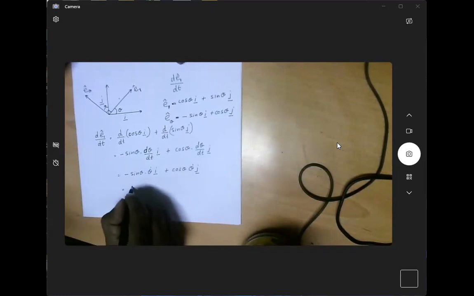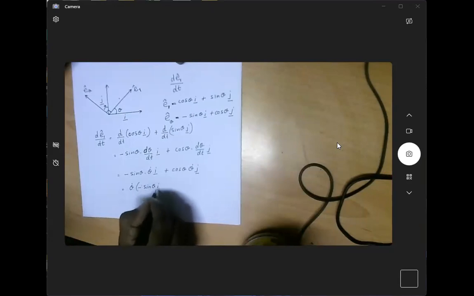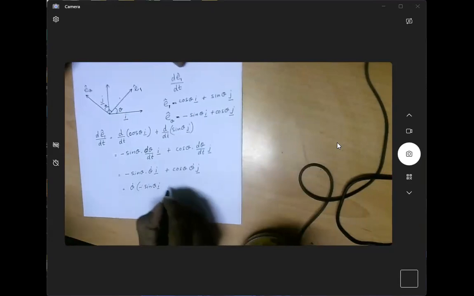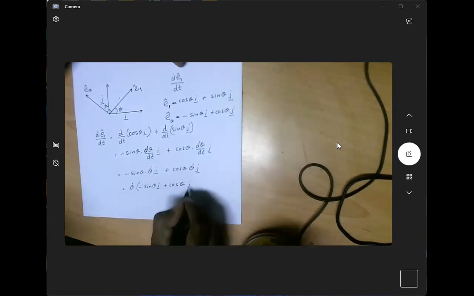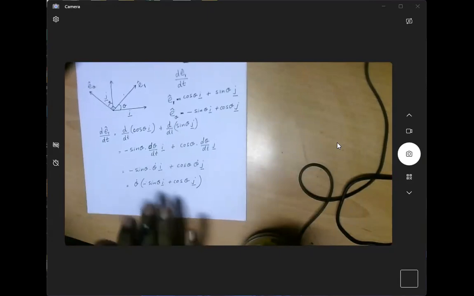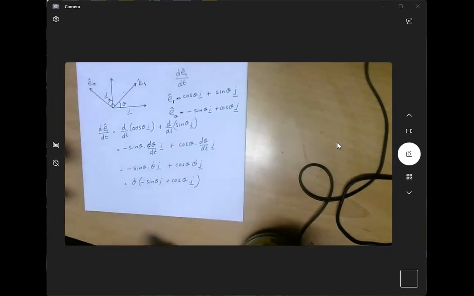Once we do that, we can take theta dot out. We get minus sin theta i plus cos theta j. Now what is this one? Minus sin theta i plus cos theta j. What is that? We have seen this quantity before.